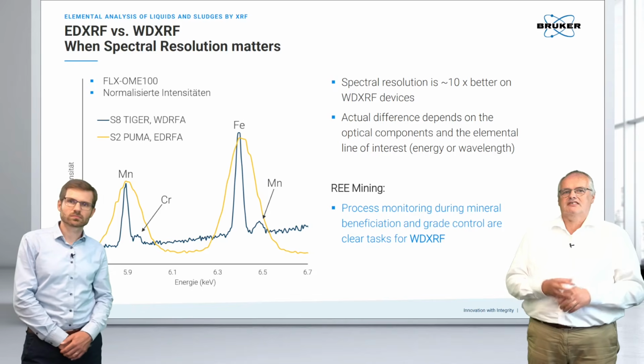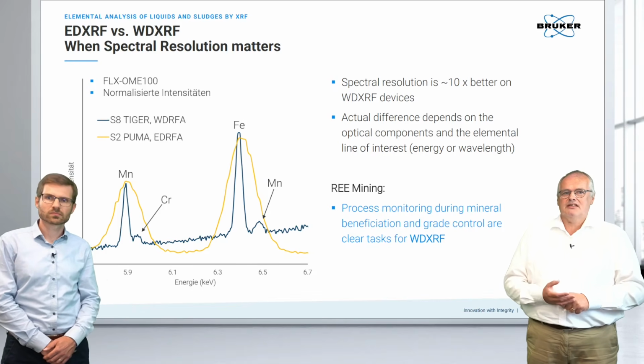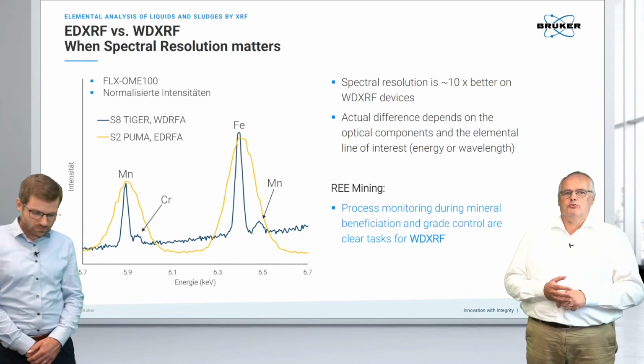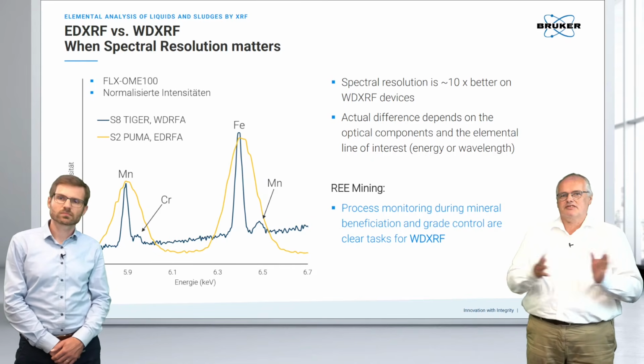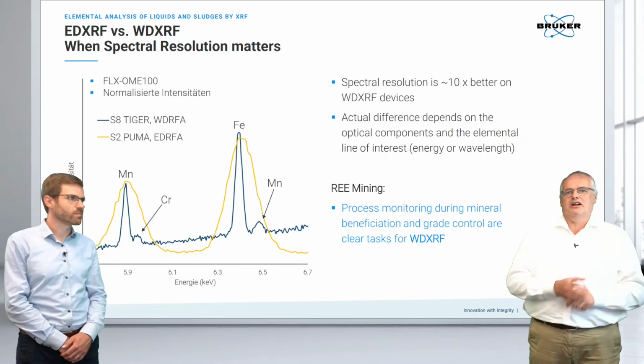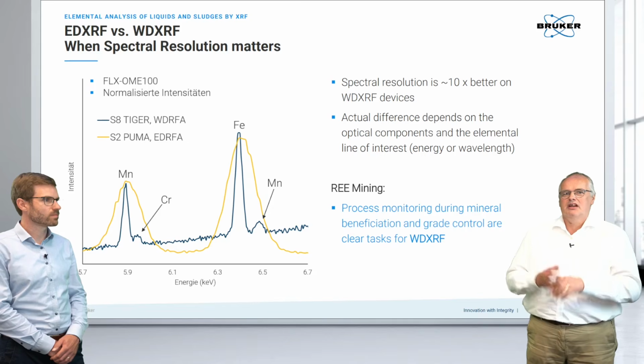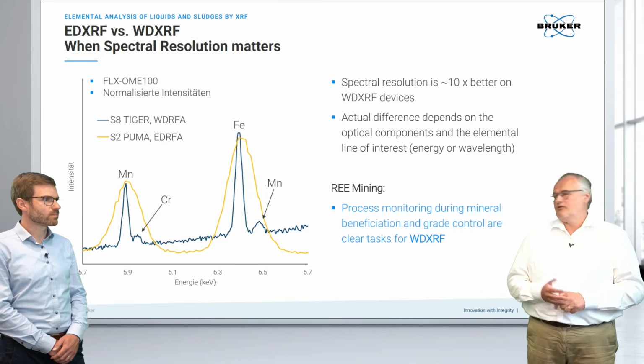So when looking, for example, for rare earth elements, you would prefer wavelength dispersive XRF because of the better resolution. Or if you are looking at cobalt or very low concentrations of chromium, just to get rid of all the overlays.